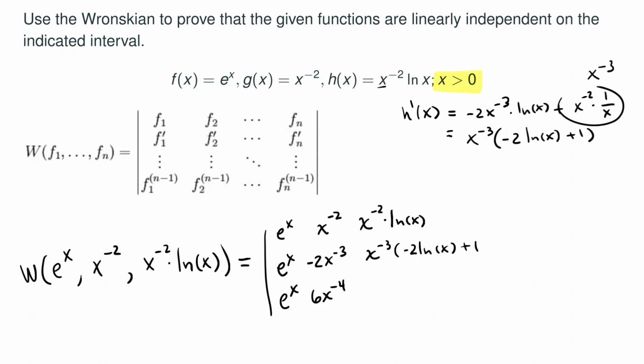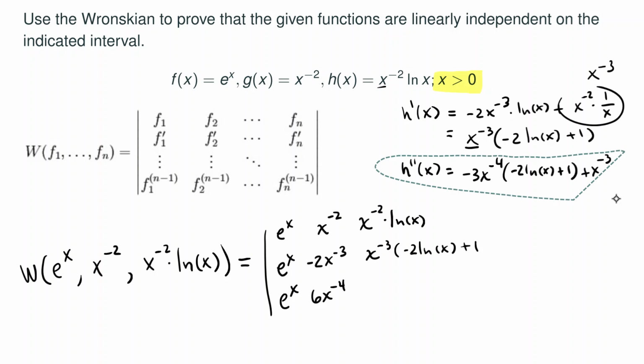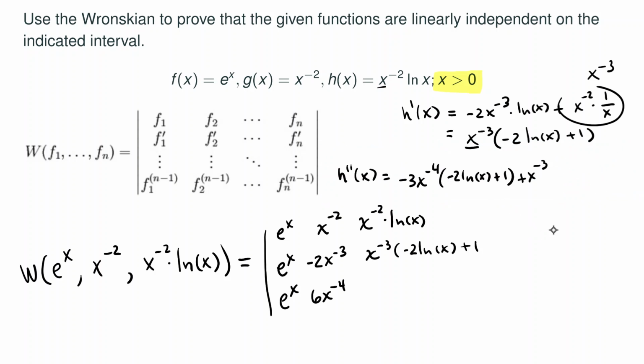And then let's find the second derivative using product rule again. This is our first term, bring down the power, subtract 1, leave the others the same. And then as we multiply by this derivative, we get negative 2 over x. And this becomes negative 2 x to the negative 4, so we can factor out the x to the negative 4.